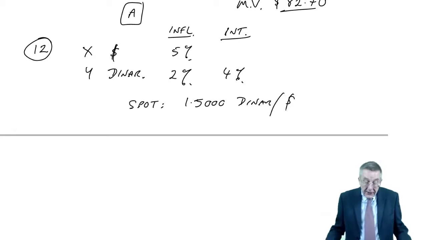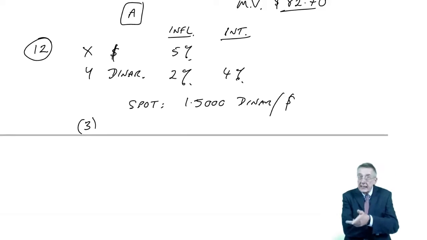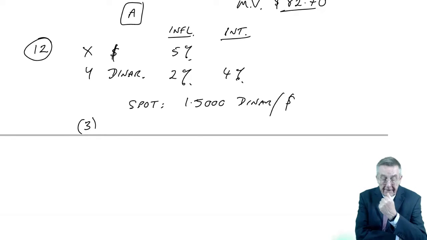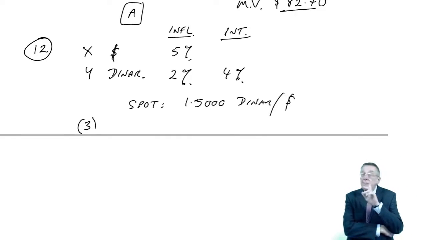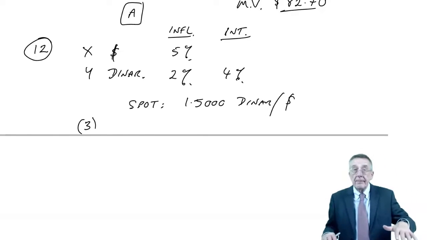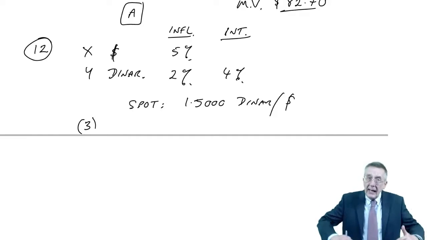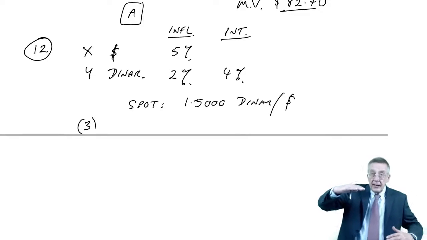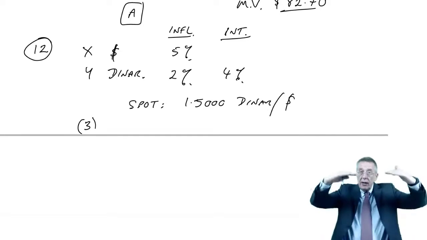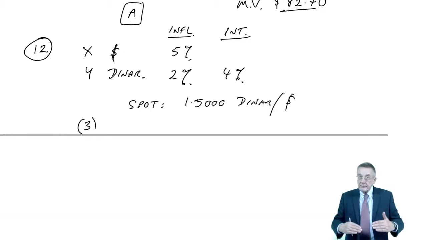Well, I'll do them in reverse. I'll start with number 3. Country X's real interest rate should be higher than that of country Y. No. The actual interest rate in any country, the nominal rate, well, the higher the inflation, in theory, the higher the interest. So the actual interest rate will be higher and lower with the rate of inflation.